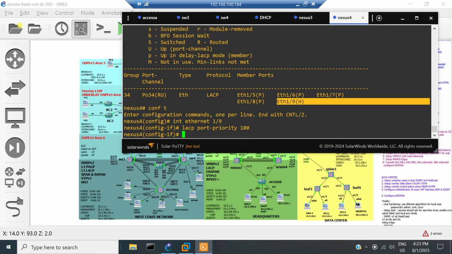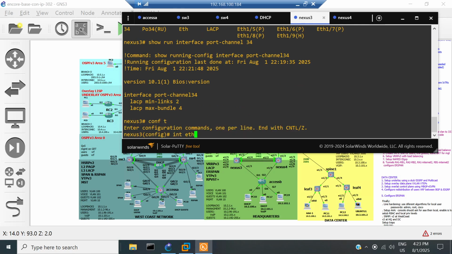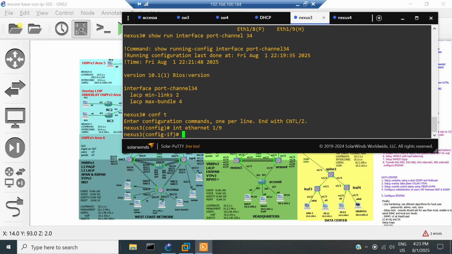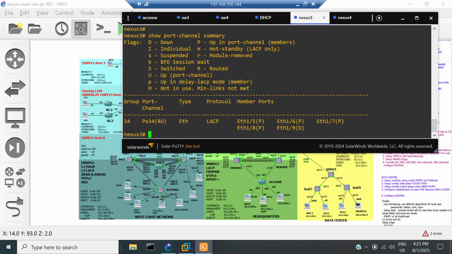So let's do it on both sides. And then after doing that, now interface 9 is participating and 8 lost the priority battle and it is now in hot standby mode.